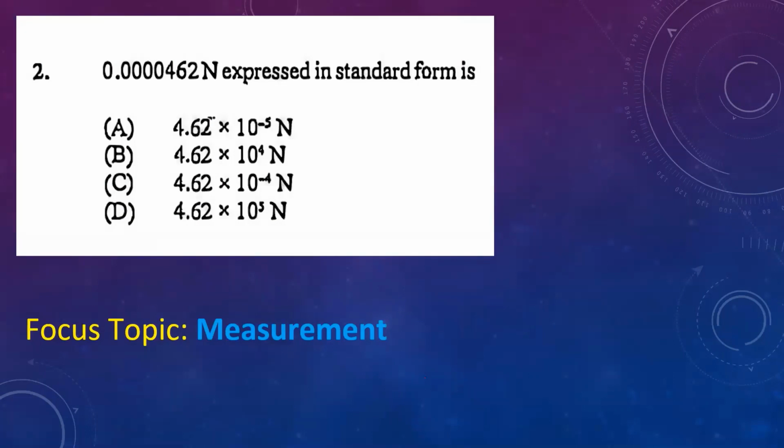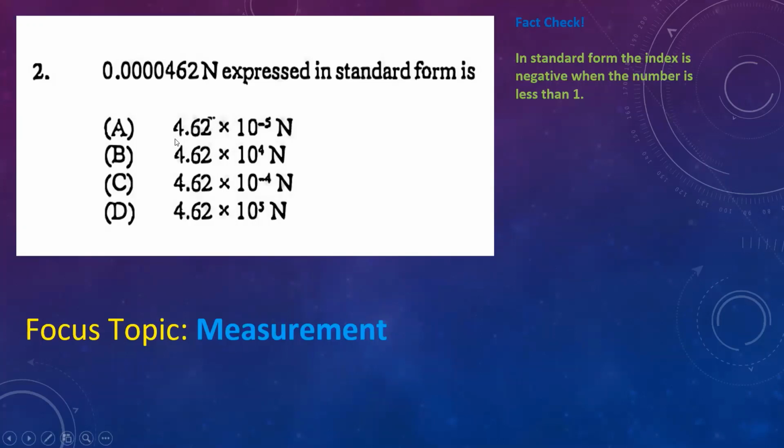Question 2. 0.0000462 Newton expressed in standard form is. Now, whenever we are writing a number in standard form, we know that the index must be negative if the number is less than 1. So all of your options have the correct notation in terms of the base number, 4.62.